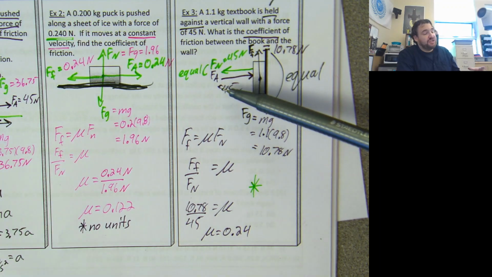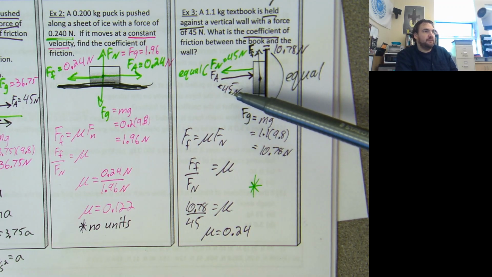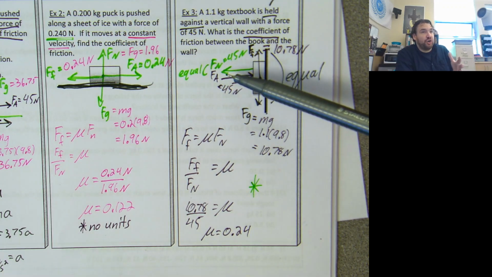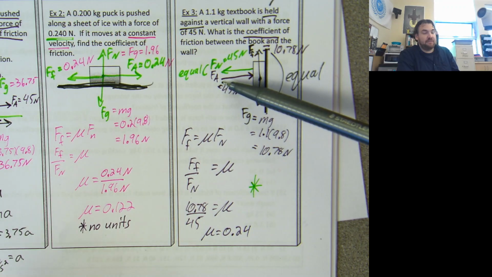But if I wanted to, could I have pushed harder than 45 newtons? Yeah, I could have. Even if I'm pushing harder, the object's still not going to go into the wall, which means my Fn would grow to meet the Fa.